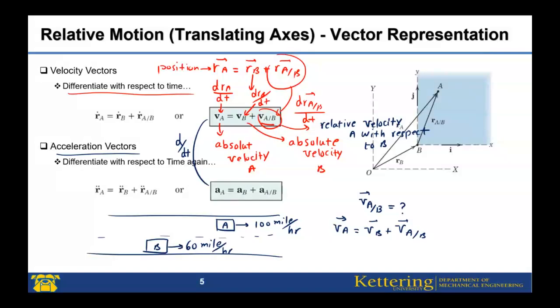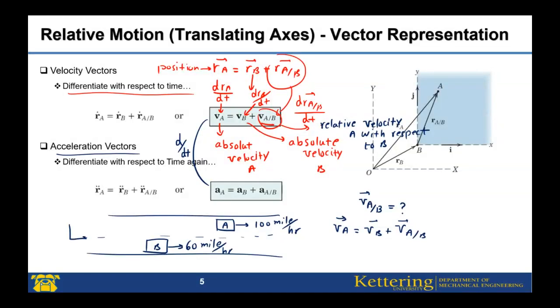Now, in terms of the vector form, I know that these are moving in the same direction. However, for more complex ones, if their velocities have some angles, or if this car is moving along another curved path, you use this one and write VA, VB, and VA with respect to B in vector form.